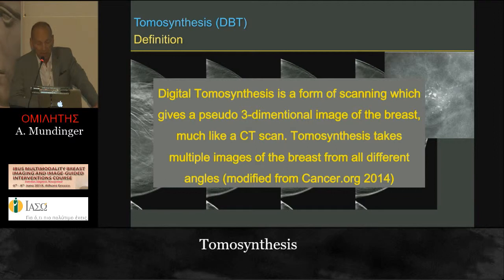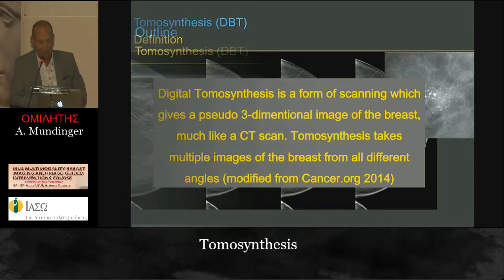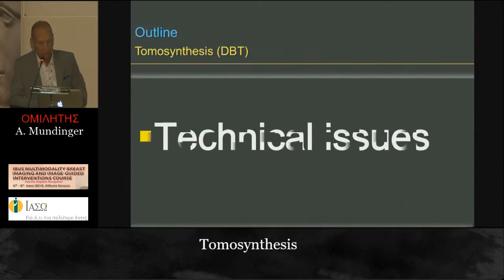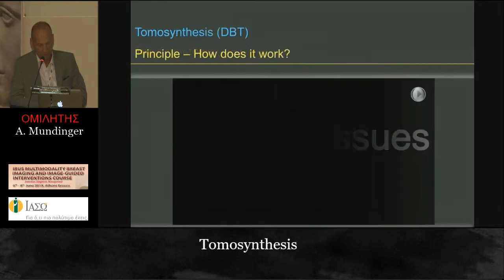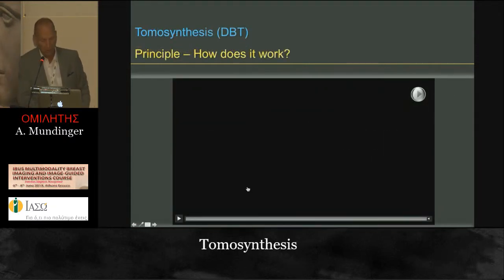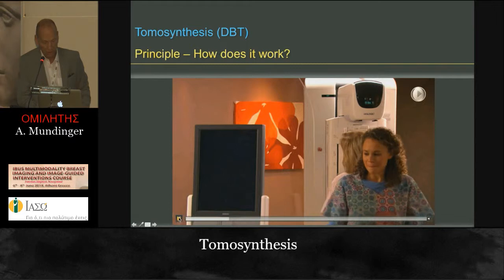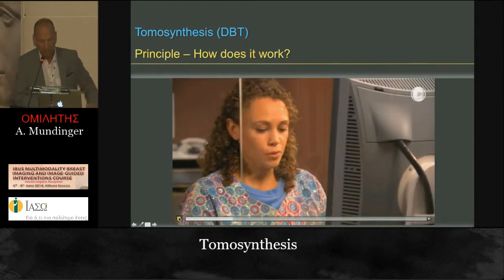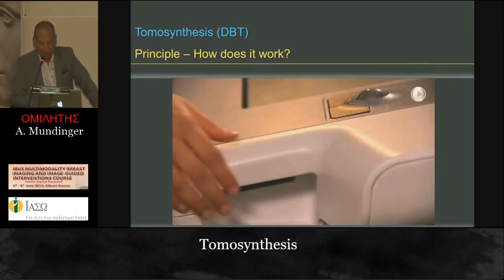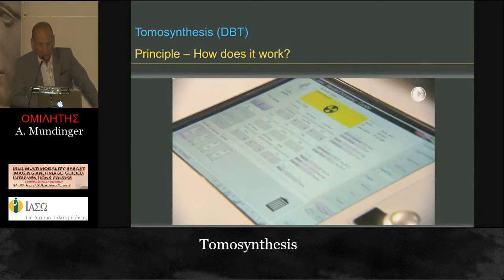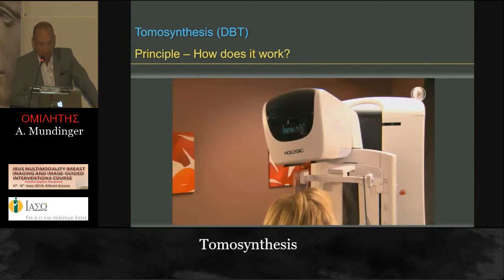And tomosynthesis takes multiple images of the breast from different angles. It's not 360 degrees, but I will show you some technical issues, and I will start with a little video. It's quite an old video, and I start where this nice lady, a technician, starts with mammography in the CC plane, and now she is preparing the system.